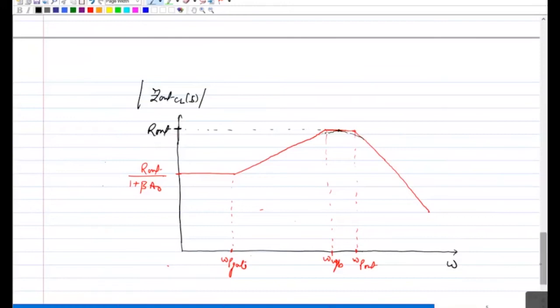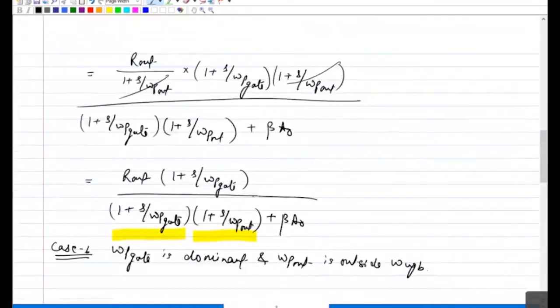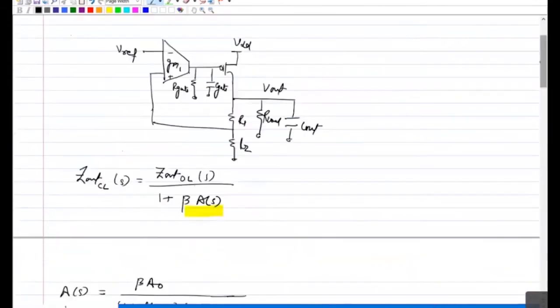Now go back to your circuit. So let's say I make this terminal ground. What will be the output impedance? Let's say the gate of the PMOS is connected to ground.